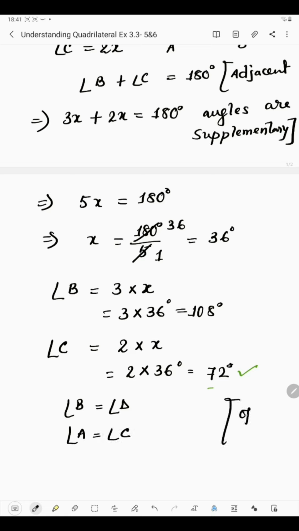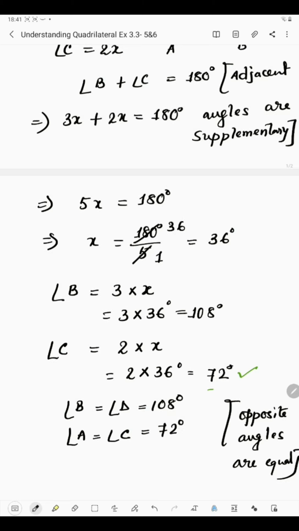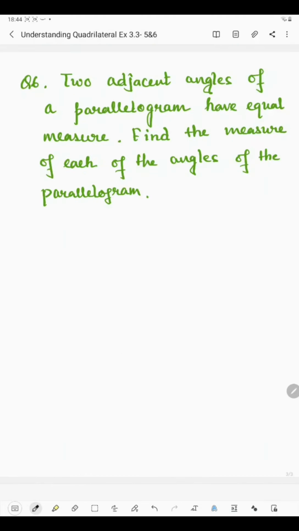Because opposite angles are equal. So if angle B is 108 degrees, then angle D also will be 108 degrees. And if angle C is 72 degrees, angle A also will be 72 degrees, as opposite angles are equal. So this was all about question number 5.